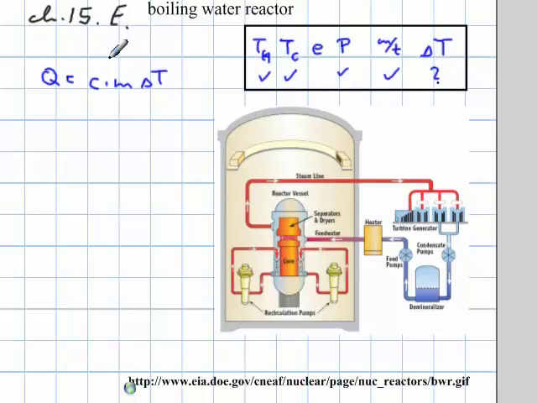I never remember them, so I just look it up. 4,186 joules per kilograms and Celsius degrees. And then the mass here, well, what is given is not the mass, but the mass over time. So what I can do here is I can divide the left-hand side by time, and I can divide the right-hand side by time.